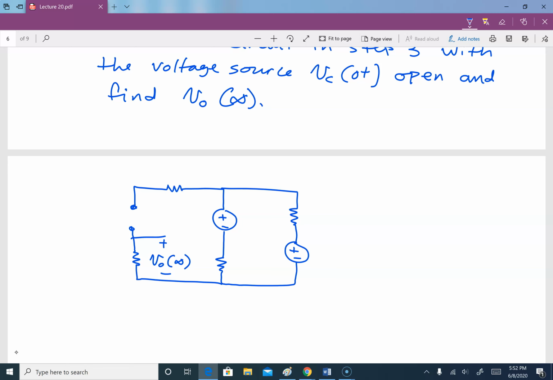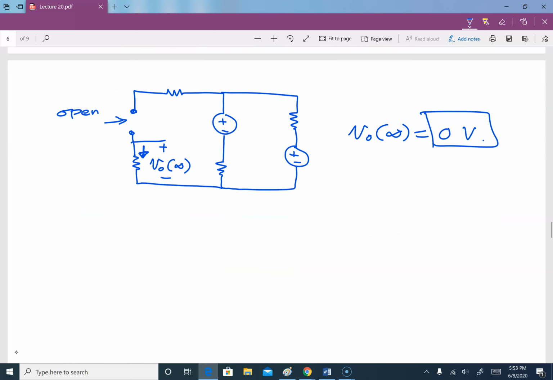Now if you look at this here, since this is open, there is no current flowing. And when there is no current flowing into or through this resistor, that means the voltage is zero. So V naught of infinity is equal to 0 volt.